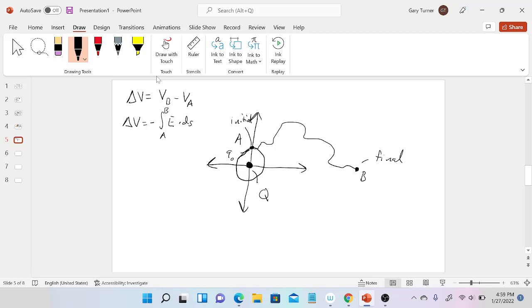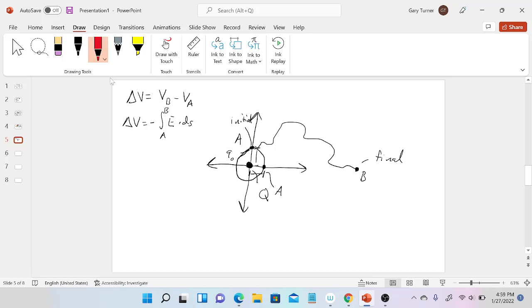And the reason being, if I have a charge that's here and this distance right here is the same distance as from here to here, then I'm the same distance away from the charge and it should be exerting the exact same influence if the fields are spherically symmetric. So I might as well start here. The change in potential will not be any different if I start here or here.